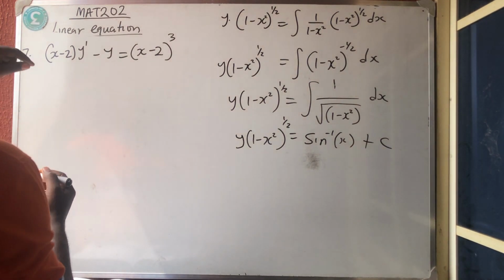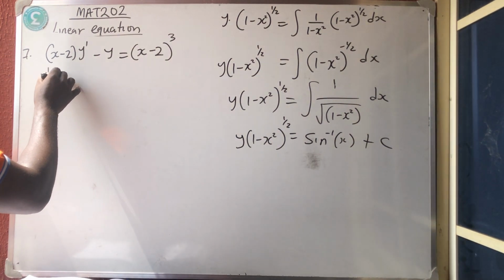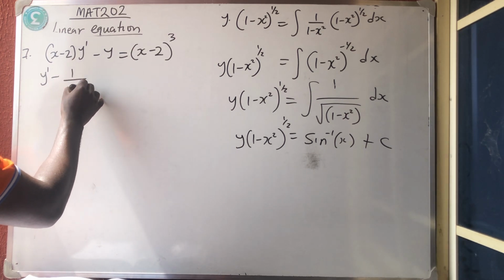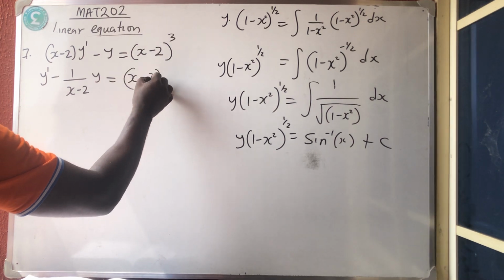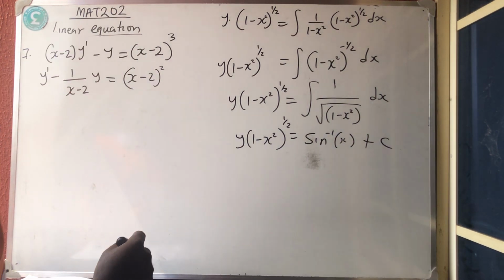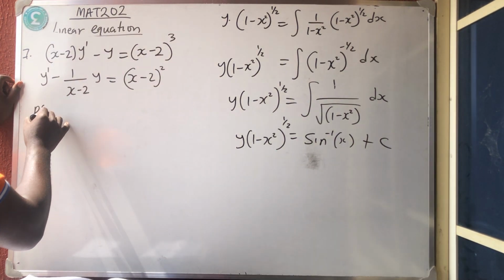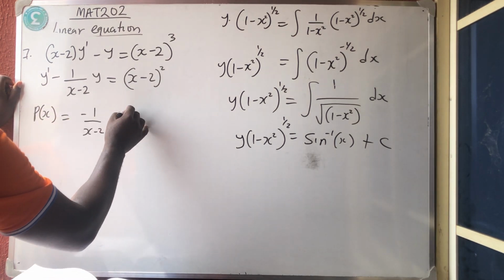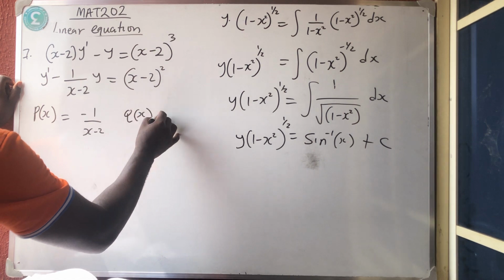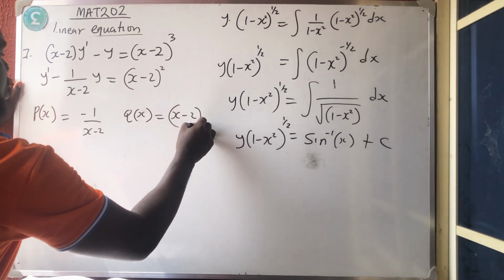So let us divide everybody by x minus 2. I'm having y prime minus 1 over x minus 2 y is equal to (x minus 2) all raised to power 2. So my p of x is now minus 1 over x minus 2, while my q of x is now (x minus 2) all squared.